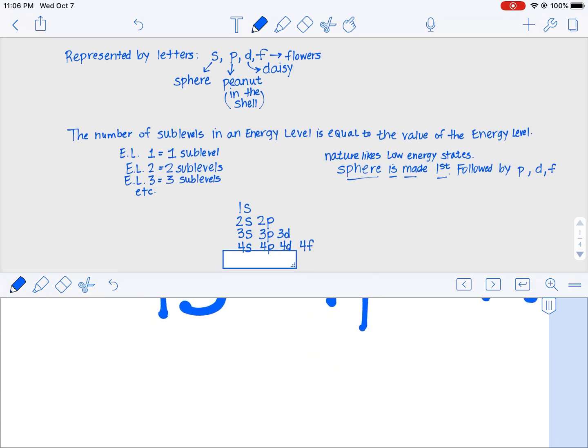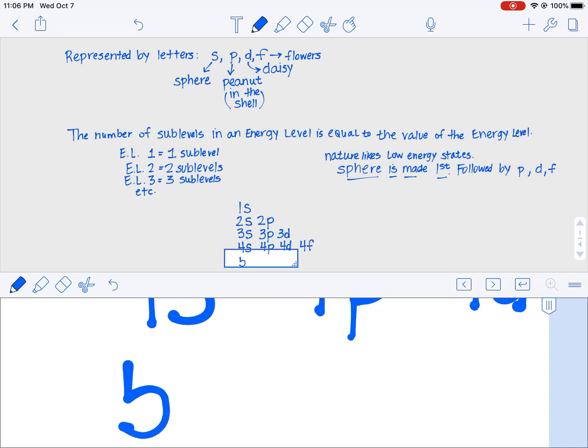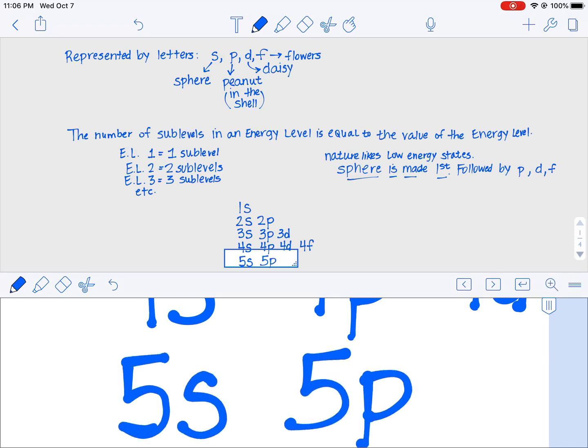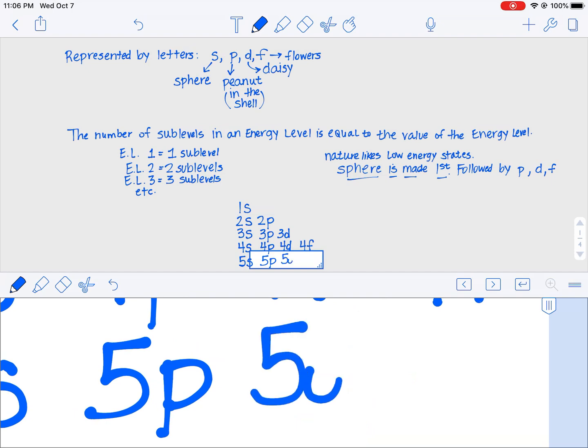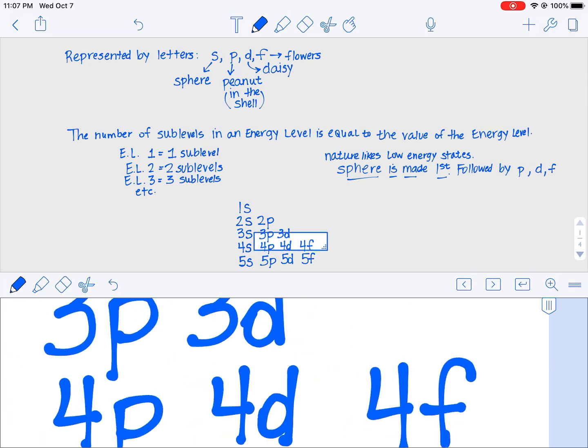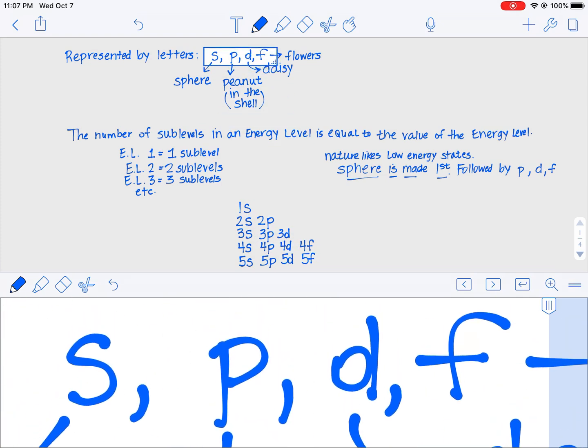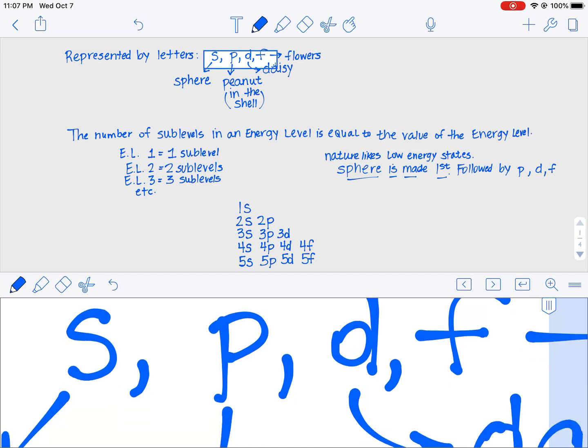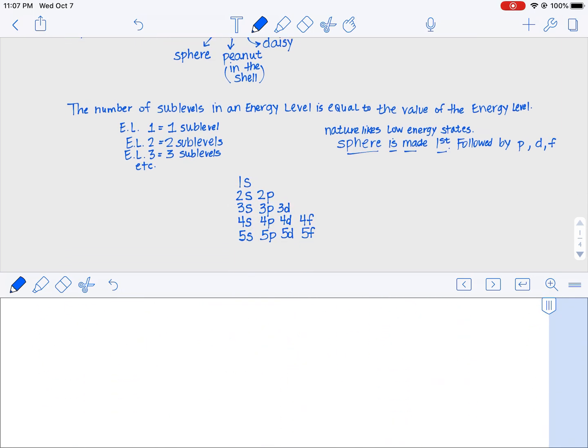Energy level 5 will have five sublevels. S, P, D, F. There are only four sublevels. Even though theoretically energy level 5 can have five sublevels, a fifth one doesn't exist yet. So we just stop after these four sublevels are created.